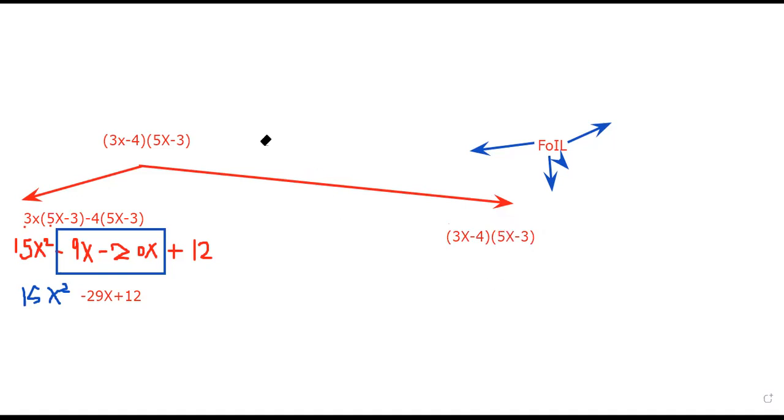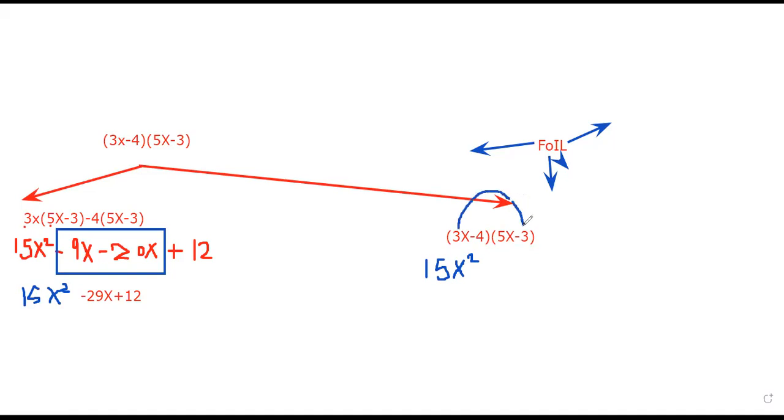Then we will start to multiply. Now we have 3x times 5x. It will be how many? It will be 15x to the power of 2. Then we will multiply the outer. We can imagine that it looks like an umbrella.